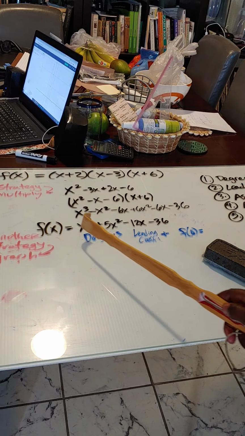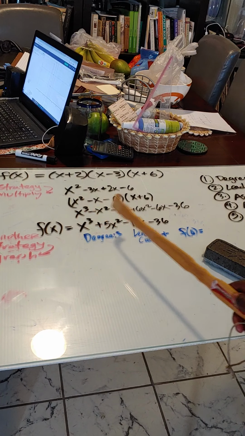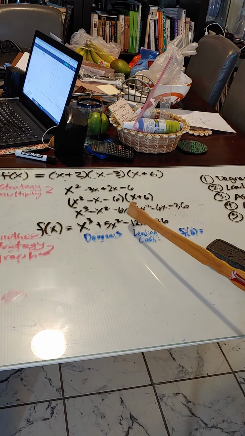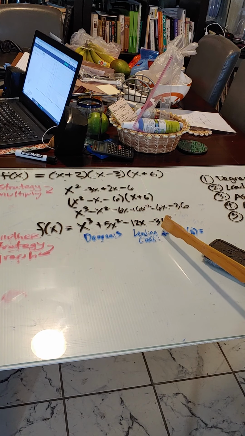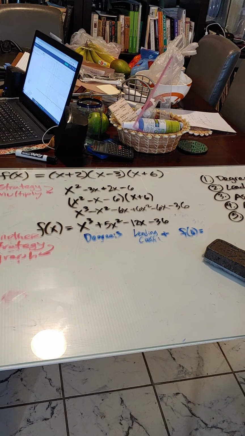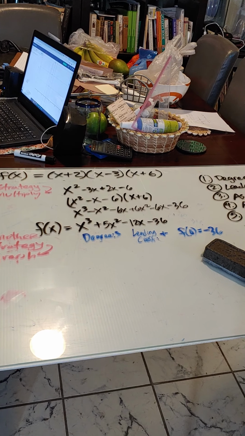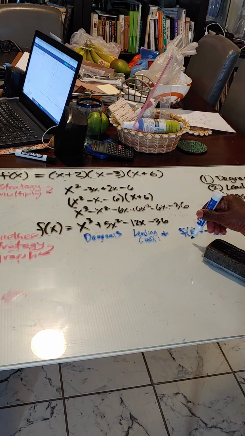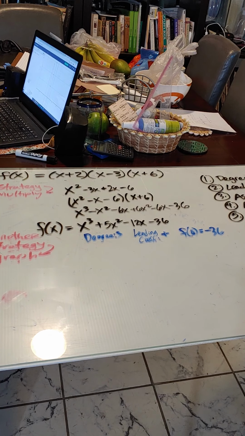And so if x were 0 here, this would go away. If x was 0 here, this would go away. And so what's left is that constant. So f of 0 is negative 36. And you'll see in just a few minutes why that's important. That is our y-intercept. Okay, so that's important information.